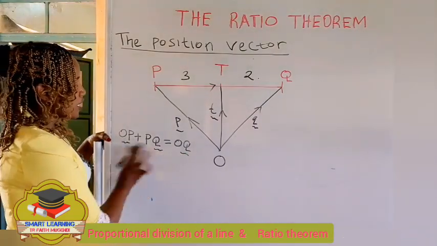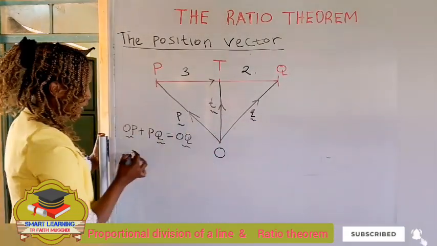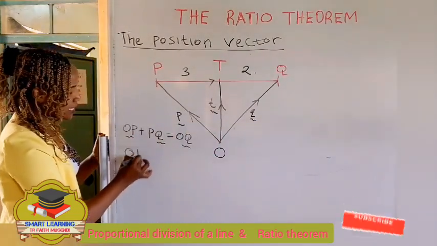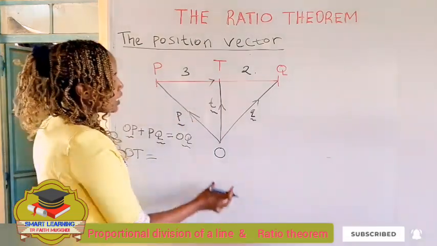We need to show that these are vectors. We are not concerned with this one. Our concern is to express OT in terms of P and Q. Now, what is OT?